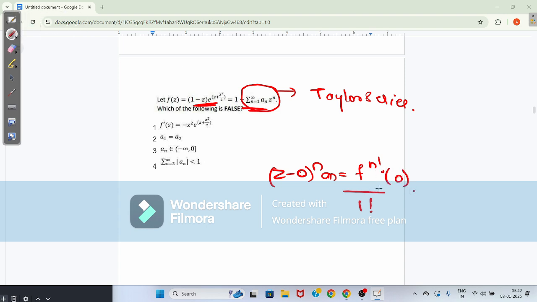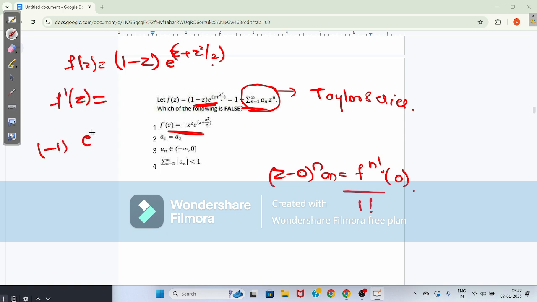Now here we have to find out this value. So f of z is equal to (1 minus z) into e power z plus z square by 2. Consider we have to find out the value f dash of z. What will we get? Minus 1 into e power z plus z square by 2.